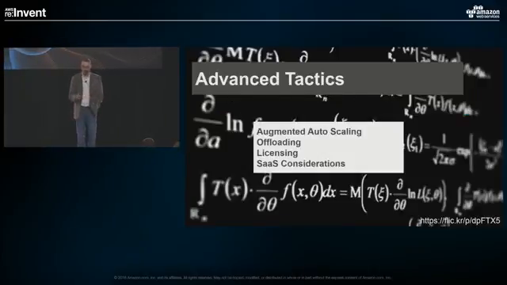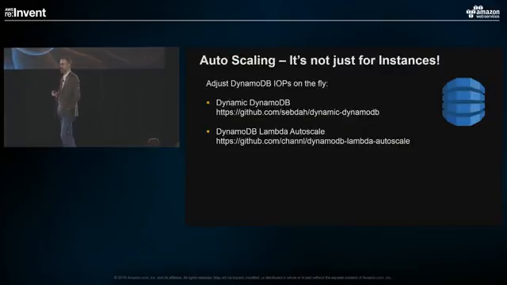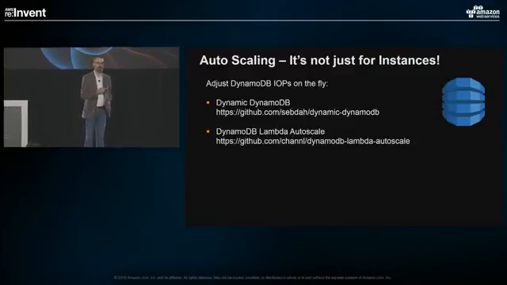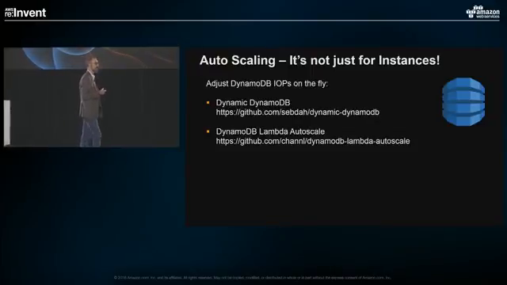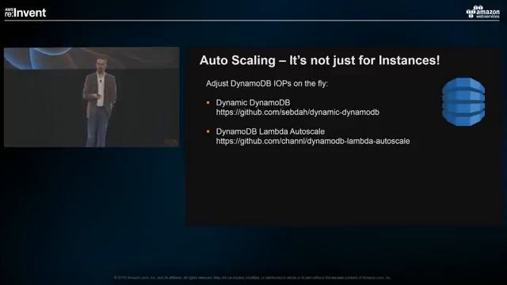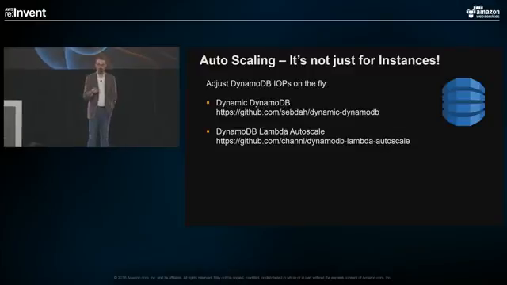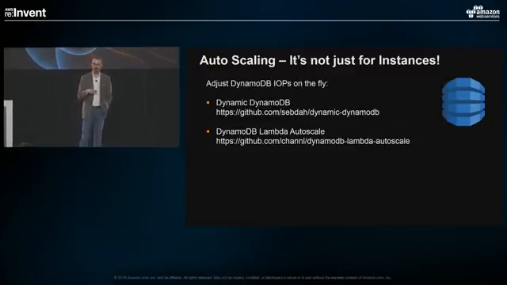So, auto-scaling, it's not just for instances, right? Here's a couple of tools that you can use to change the provisioned IOPS for DynamoDB on the fly. These are both open source tools. They're both on GitHub. You can use these tools to change your DynamoDB provisioned IOPS according to load or projected load on the fly.